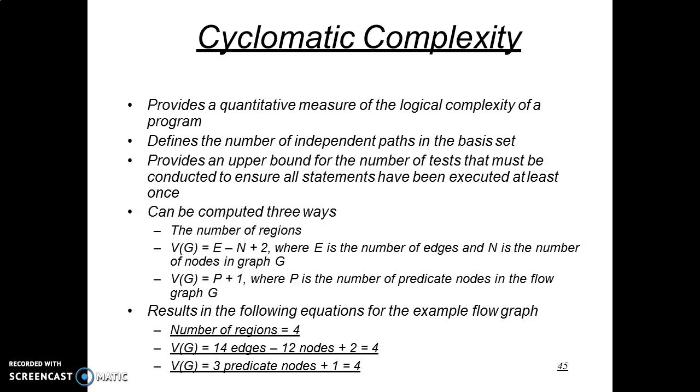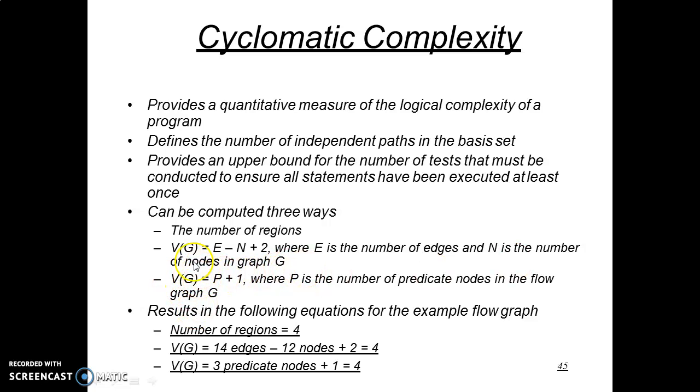It can be computed in 3 ways. The first is the number of regions plus 1. The another way is to count the edges: E minus N plus 2, where capital E is the number of edges and N is the number of nodes in a graph.